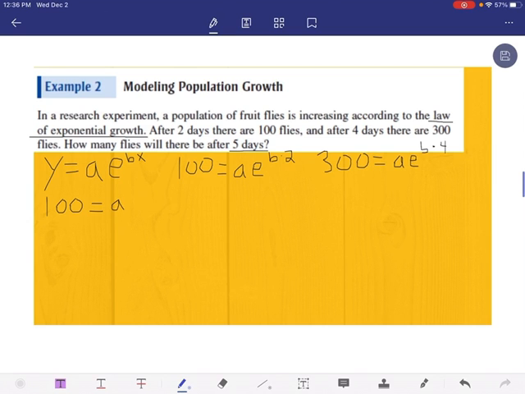So we have a times e to the 2b. So if we wanted to go ahead and solve, let's say for a, we could just divide both sides by e to the 2b.